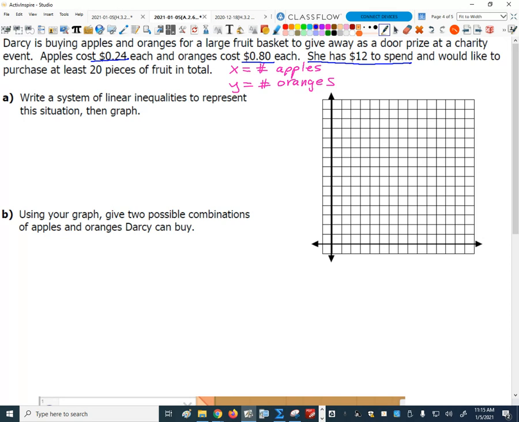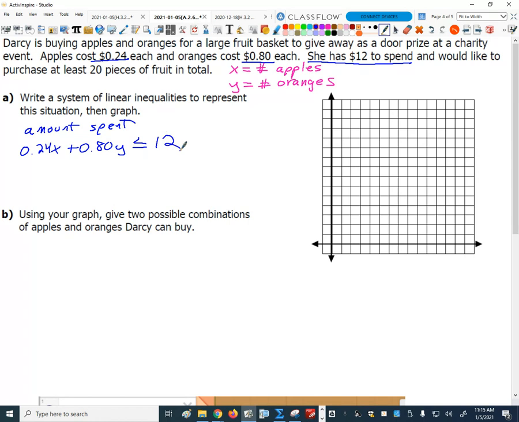We know X is the number of apples and Y is the number of oranges, and each apple costs 24 cents and each orange costs 80 cents. McKenna, can you come up with an expression that calculates the amount spent? Would it be 0.24x plus 0.8y is less than or equal to 12?